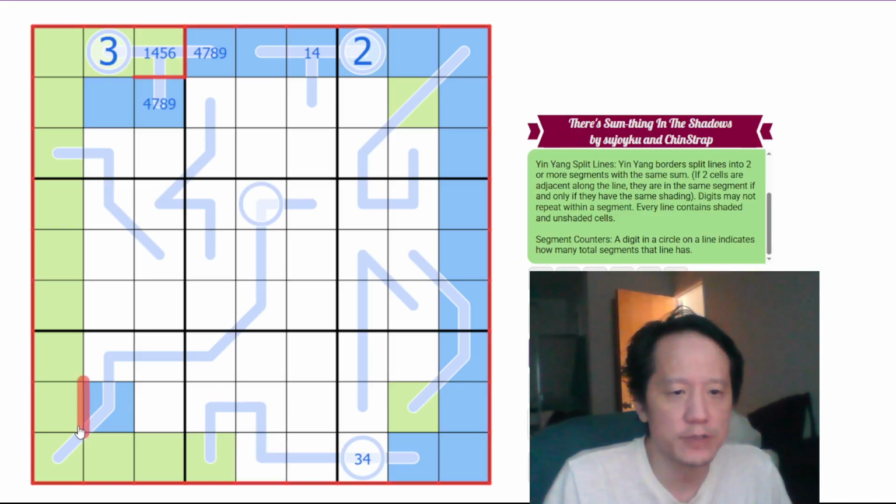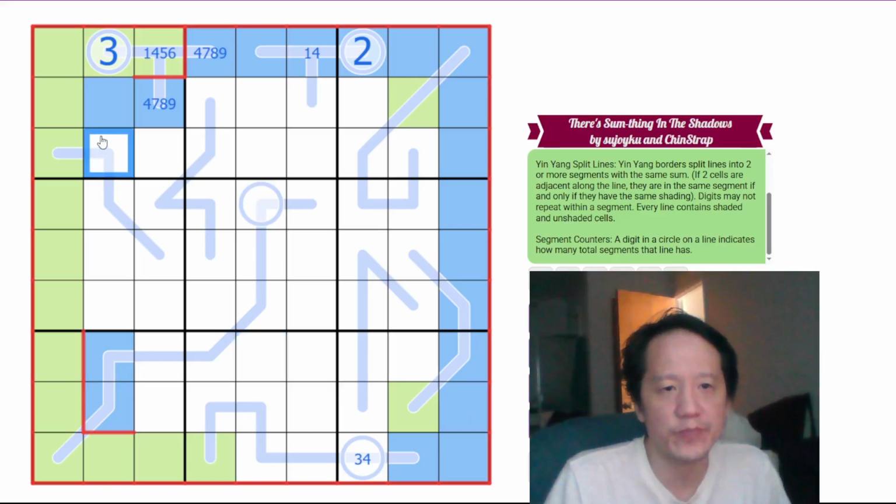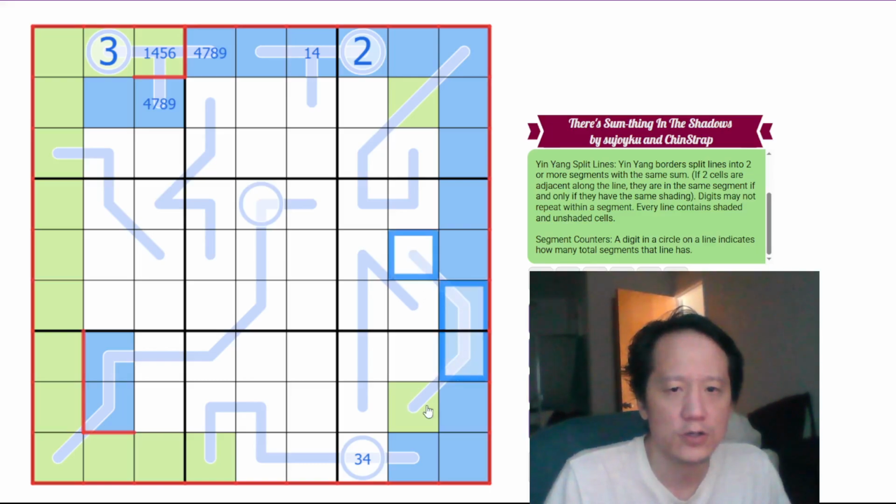So this is a boundary here. Obviously, this cannot be the same as that digit, so this must be part of another segment. So it has to go that way. This one we don't know. This is part of a different segment. Again, if this tried to be green, these two digits would have to be exactly the same because the split line says this segment must equal that segment and it's a single digit.